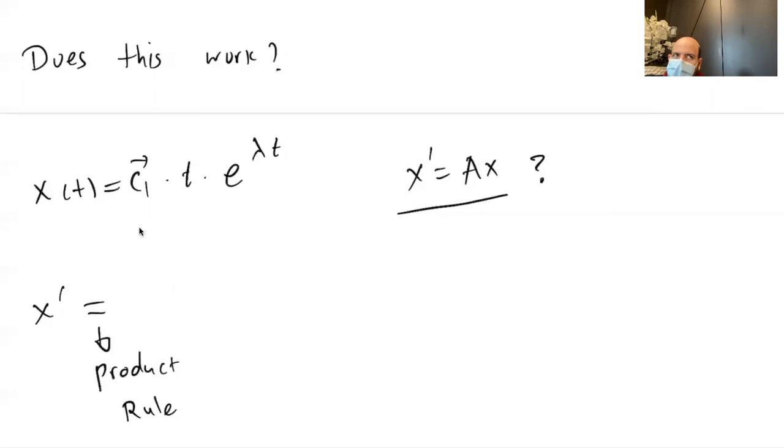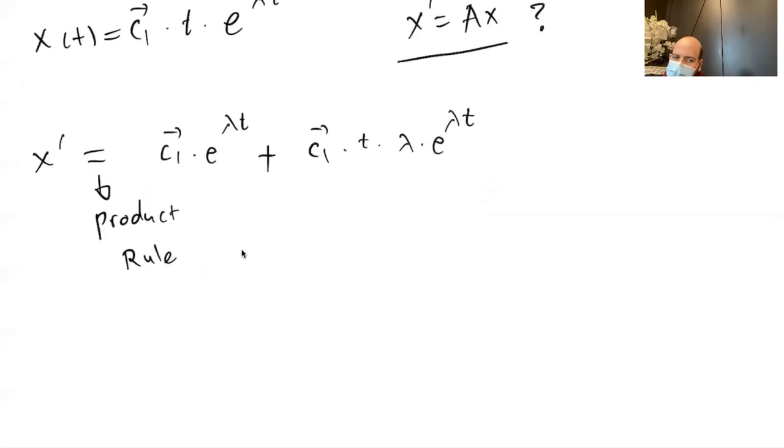The derivative of t is 1, so I can write it as C1 e to the power lambda t plus, and then the derivative of e to the power lambda t is lambda e to the power lambda t, so I can write it as C1 t lambda e to the power lambda t. So this is x prime, which is supposed to be equal to Ax.